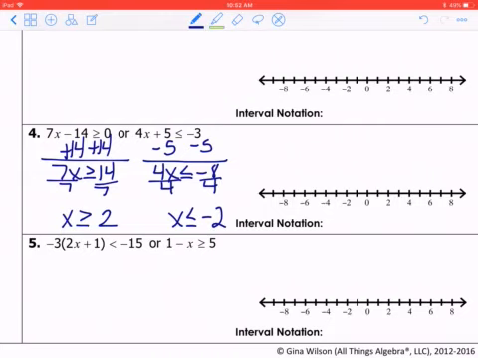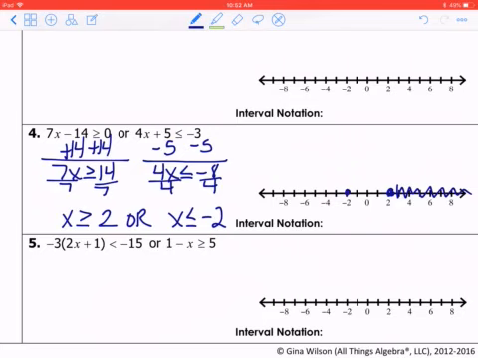Remember, we're talking about or statements, so make sure you write x is greater than or equal to 2, or x is less than or equal to negative 2. Okay, putting that on the number line. Let's start with greater than 2. It's equal to, so it's closed and shaded to the right. The other one is negative 2.